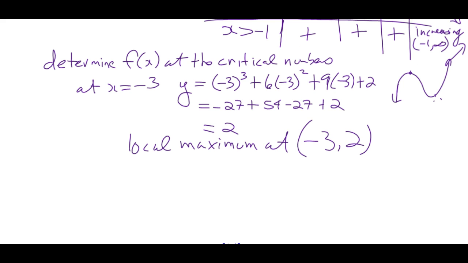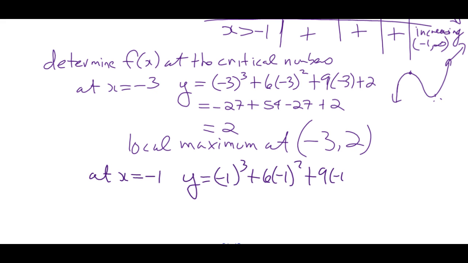And then the other one was at x equals -1. So we plug in -1. Now we get -1 plus 6 minus 9 plus 2. And what's that give me? -10 plus 8, -2, right? -2.